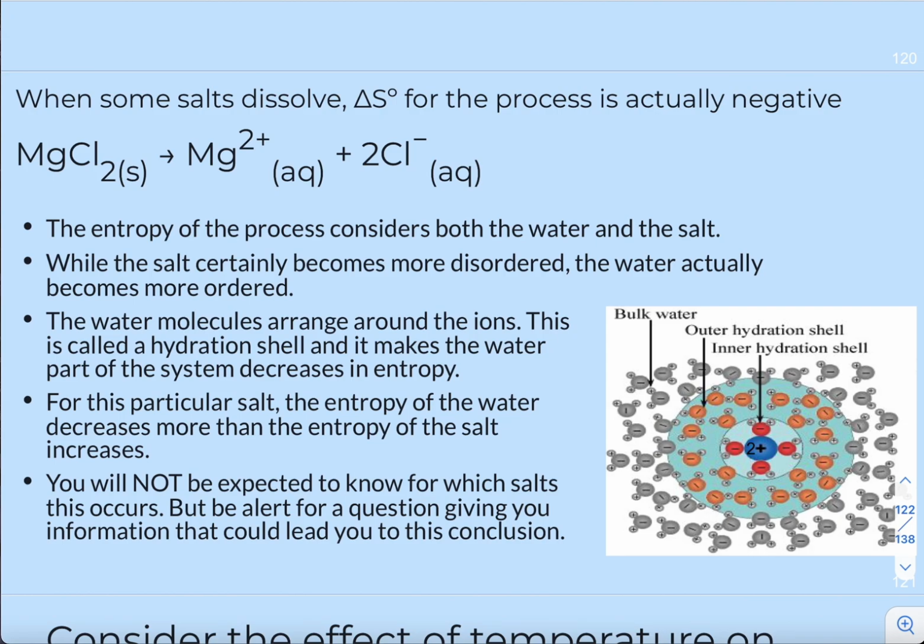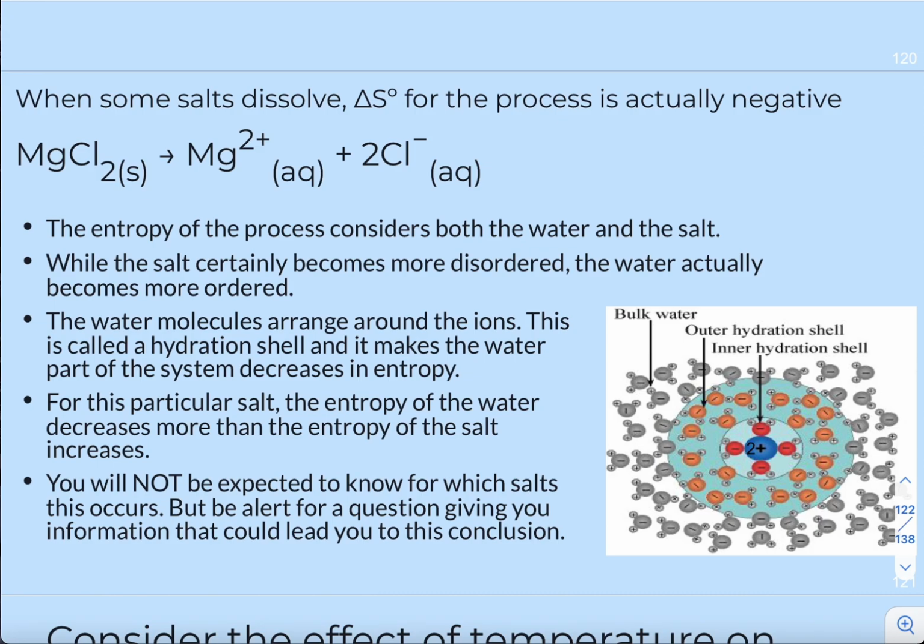So the water is actually getting more ordered. And that's why the overall here is unfavorable. Okay, so when you look at this reaction, you would automatically think, oh, that's got to be favorable because it's splitting up. It's breaking apart. It's definitely more disordered.